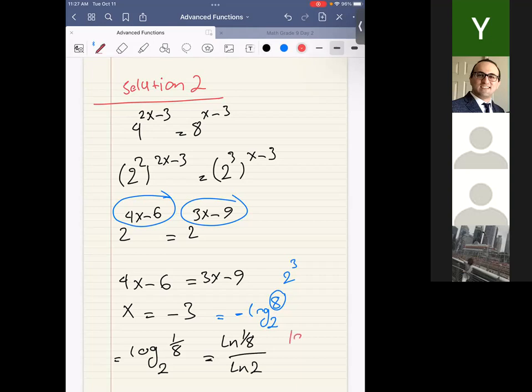So log of A with base B is equal to ln of A divided by ln of B. This doesn't have to be ln, it could be any log with any base, but here I'm choosing ln because the problem wants me to do this.